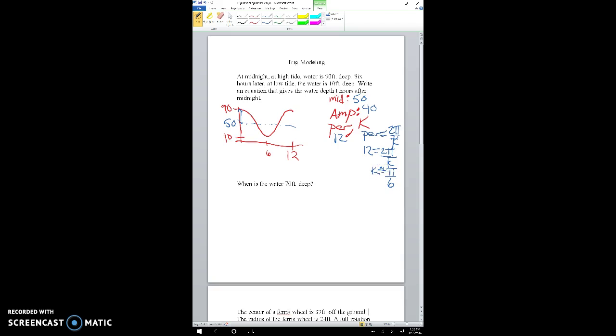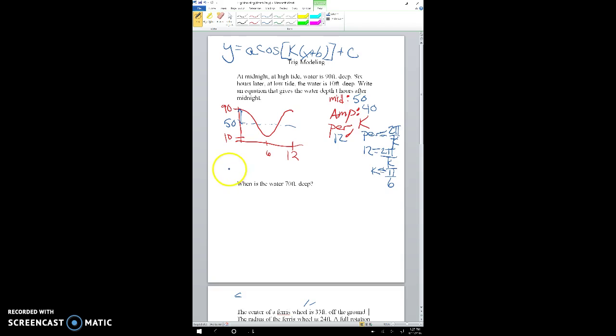Okay, so then we can write an equation. From the graphing section, we know standard form of a trig equation is a cosine of k times x plus b, plus c. And we just need to fill in what we know.